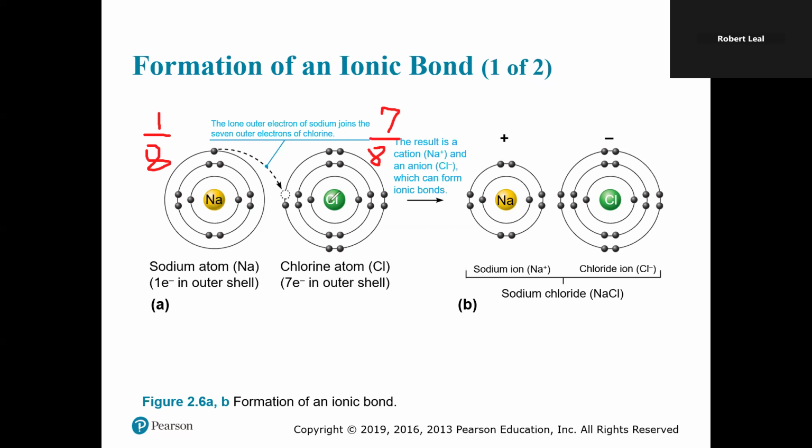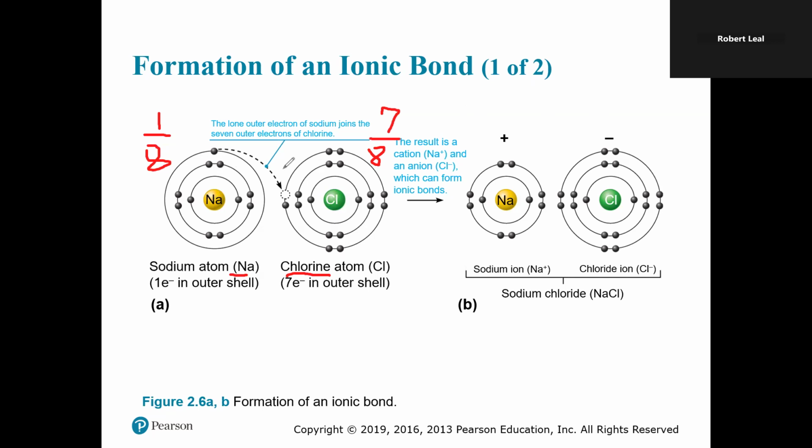Now, before chlorine strips any electron off sodium, when you look at the number of protons in the nucleus and compare it to the electrons, they're equal. So you see no charges right now on the left scenario versus the right scenario because each element has the same number of protons as electrons.